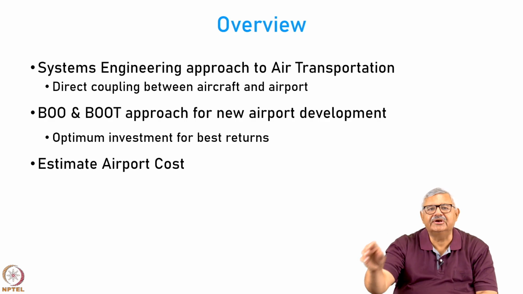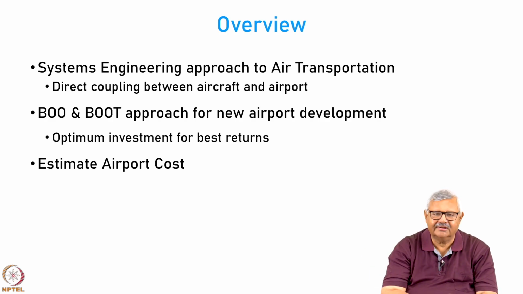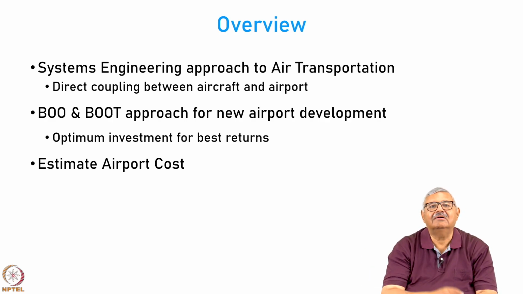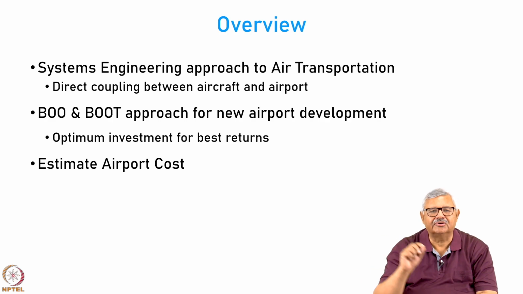For example, Shirdi. Today Shirdi has an airport, but there was a time when there was no airport in Shirdi. So, now assume that some agency wants to build an airport in Shirdi to cater for the likely demand for travel between Mumbai and Shirdi.